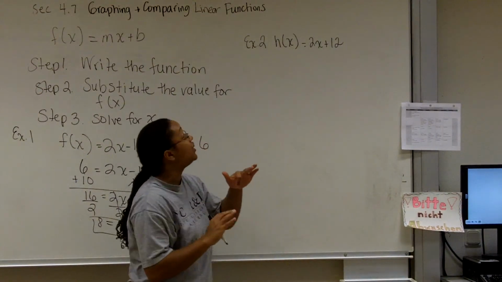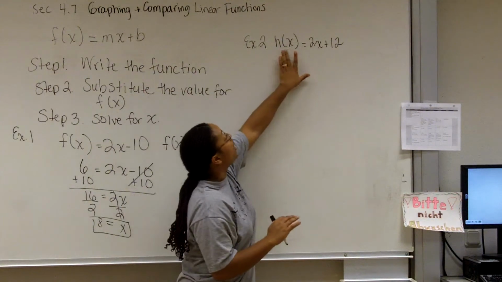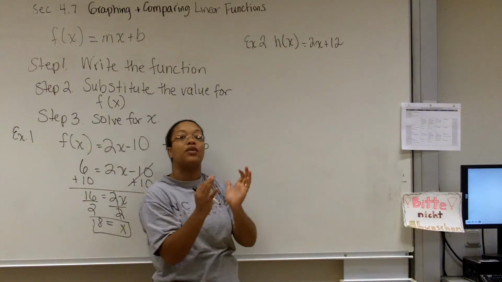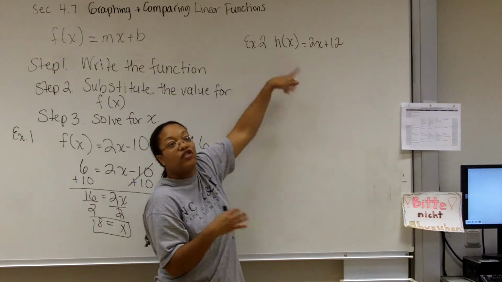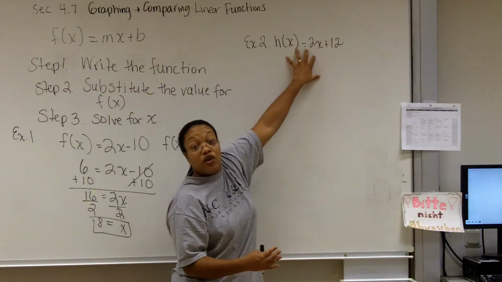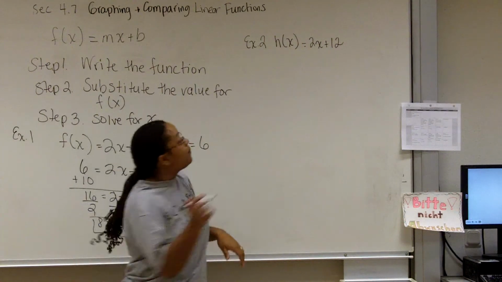The whole point is this function depends on your x. It changes as your x changes. That's why the x is always in parentheses. They can put whatever letter they want to on the outside. It's just a reference.